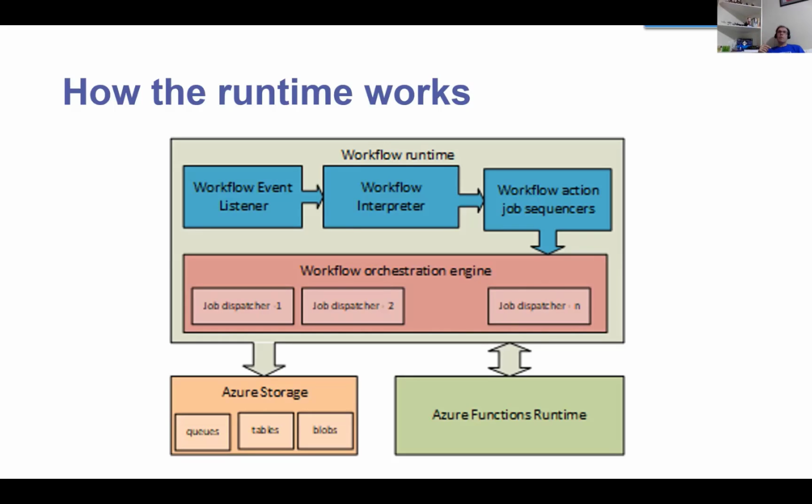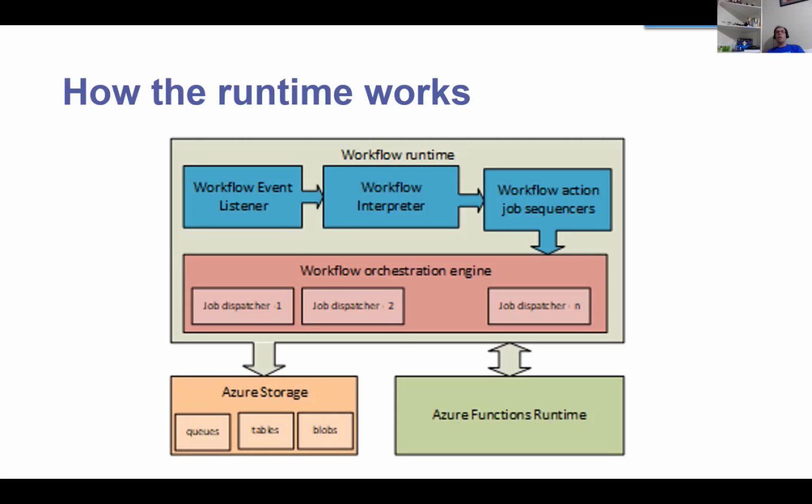So that graph then interacts with the workflow orchestration engine, and that graph puts information for a stateful logic app into Azure Storage Queue. So for each one of the actions, you have an entry on a queue that you're going to be dealing with.